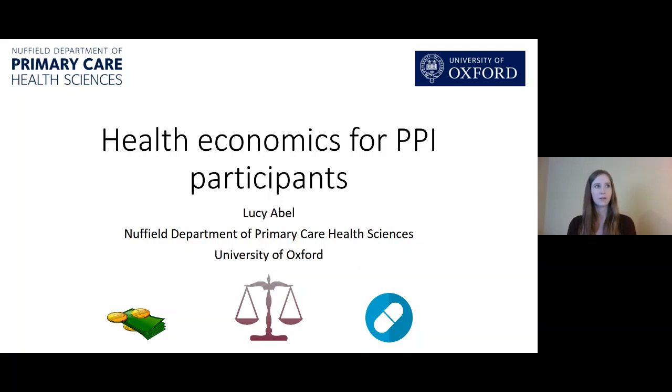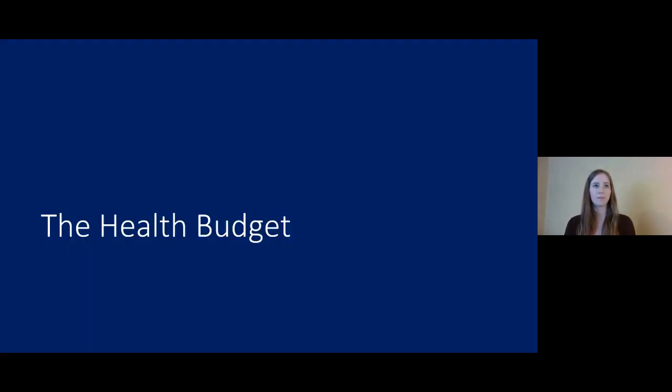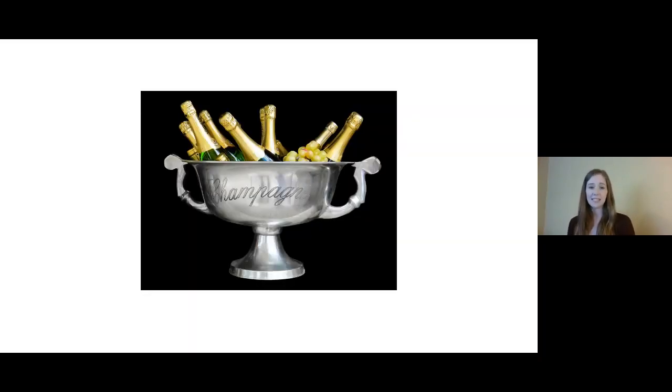So, as I said, starting with a bit of motivation and then switching into how we do cost effectiveness analysis, which is going to be the main focus today, because that's the thing that you're most likely to see as a PPI participant.